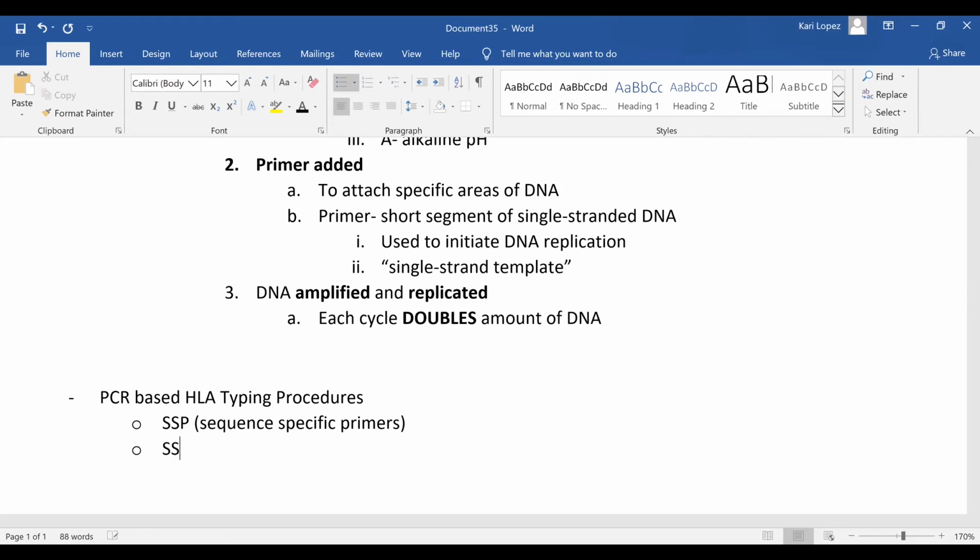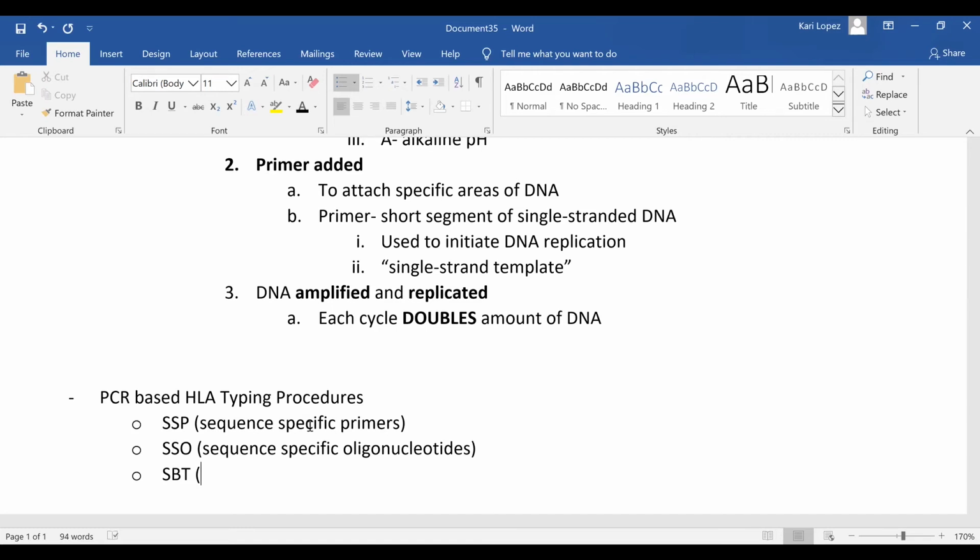The next one is SSO, and that one's sequence-specific oligonucleotides. Next one is SBT.